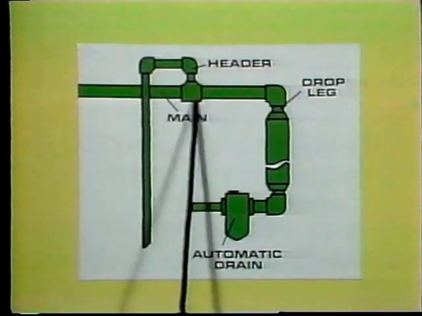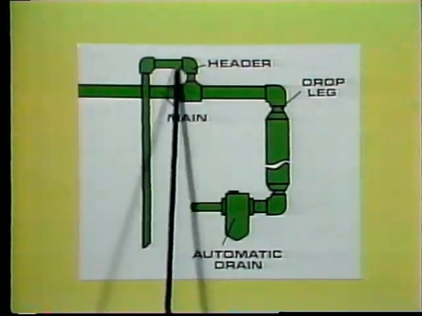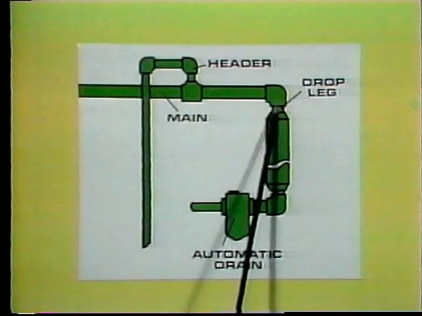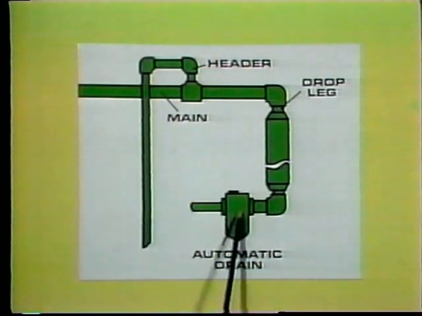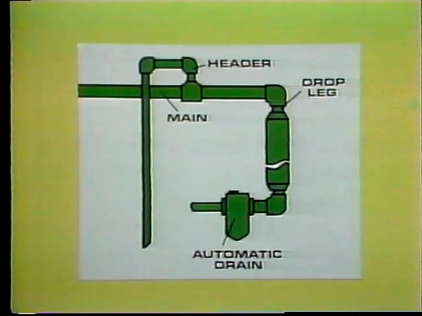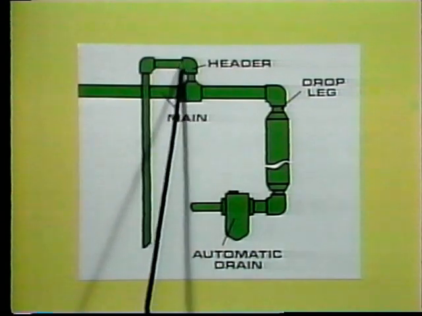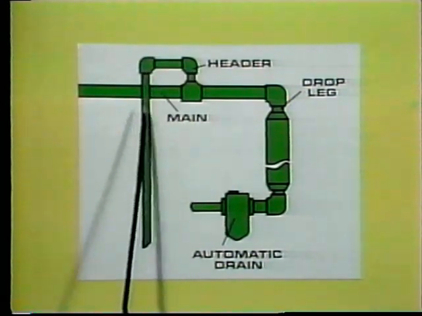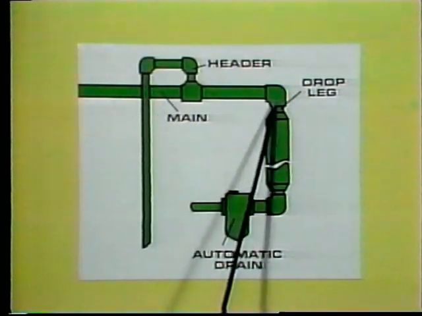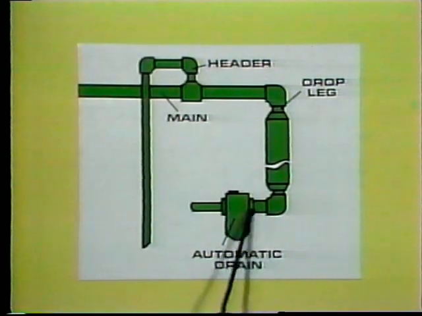Here's a drawing that shows several common system components. The main, a header here, and a drop leg which feeds this automatic drain. When you're hooking them up, remember to connect supply headers to the top of the mains. That's so any moisture in the main will be swept on by and won't get to any power equipment.